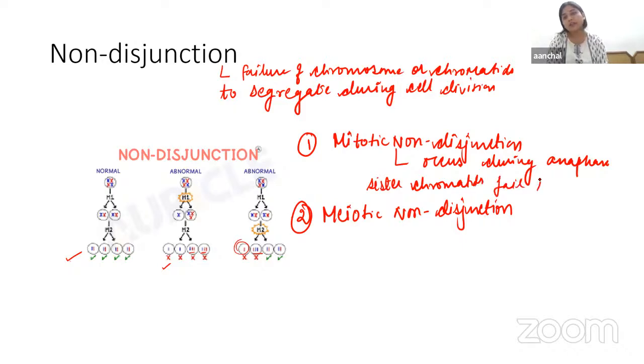Whereas if we talk about meiotic non-disjunction, it is of two types. In the first type, it occurs due to non-disjunction during meiosis 1.